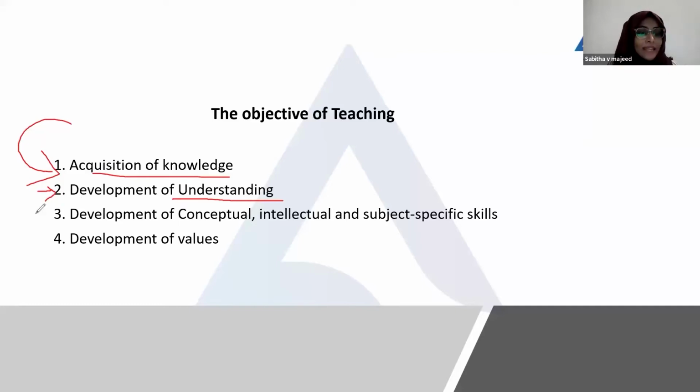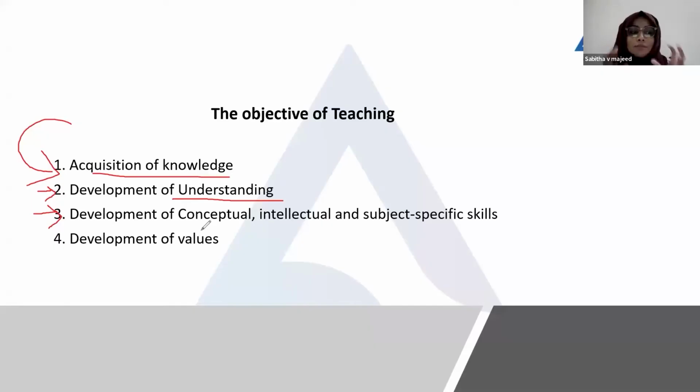Okay, clear? Then the next objective of teaching is development of conceptual, intellectual, and subject-specific skills. Teaching is a broad concept. We can't say teaching is only focused on textbook content. It is focused on that, but also on conceptual, intellectual, and subject-specific skills, because teaching is a broad concept.